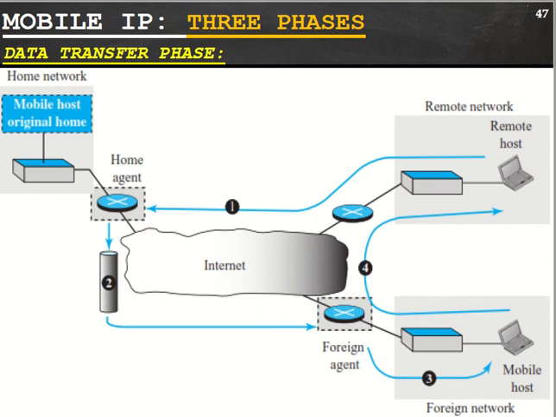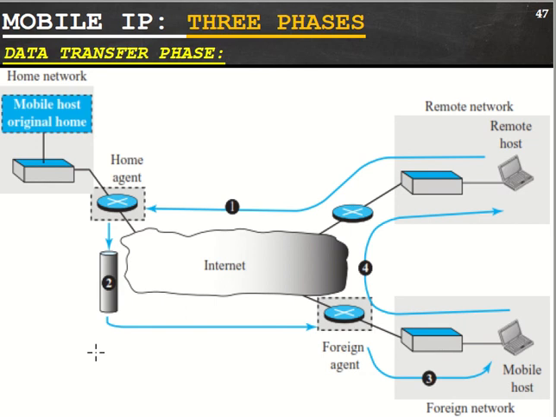Second, from the home agent to the foreign agent. After receiving the packet, the home agent sends a packet to the foreign agent using the tunneling concept. Tunneling is used whenever a network goes from one form of addressing to another form of addressing, something like IPv4 to IPv6.